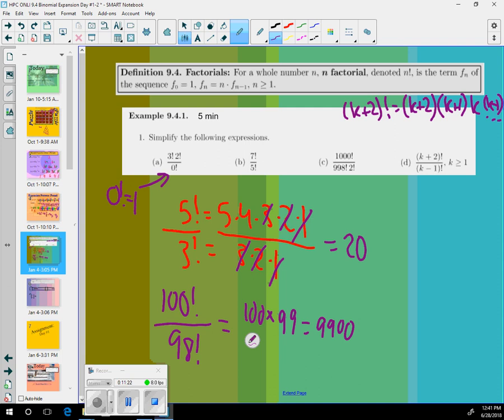And I'll give you that hint for D, because if we divide by k minus 1 factorial, we're going to get k minus 1, k minus 2. All of these are going to cancel out, leaving this behind.